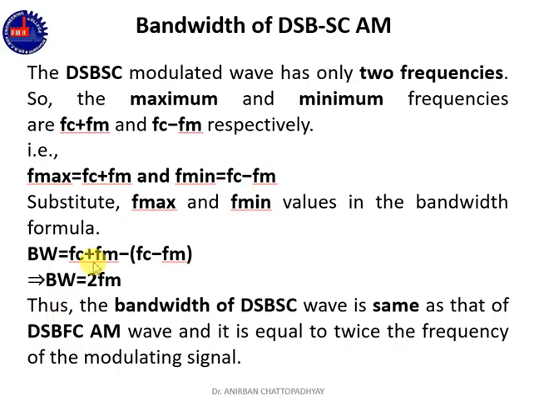So bandwidth will be Fc plus Fm minus Fc minus Fm, and we get 2Fm. Thus the bandwidth of DSBSC AM signal is the same as that of conventional AM. So it is equivalent to twice the maximum modulating frequency.